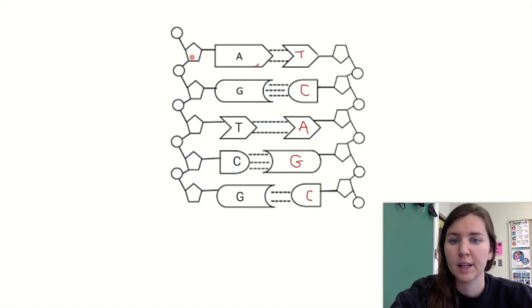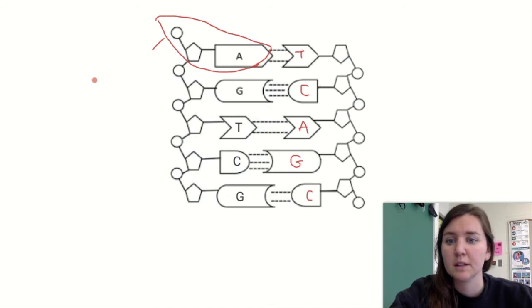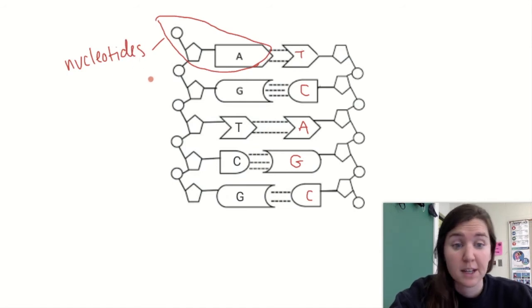Now let's draw in everything that we've learned, because we've learned a lot of terms. These are the building blocks, which are called nucleotides. Each nucleotide has 3 parts. We have our phosphate group.